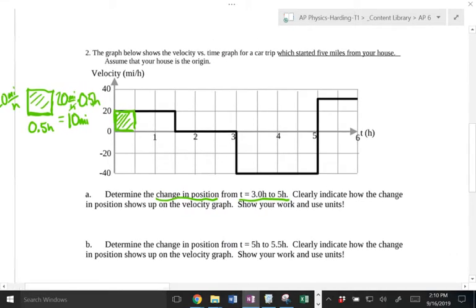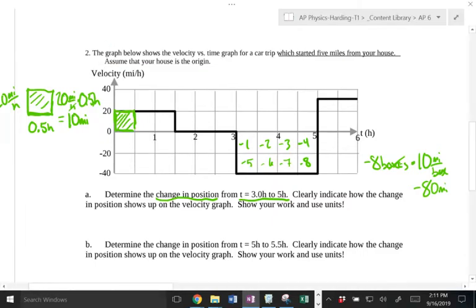Now we go over here and count boxes. -1, -2, -3, -4, -5, -6, -7, -8. You got -8 boxes times 10 miles per box. You're going to get -80 miles here. Boxes cancel out, okay?